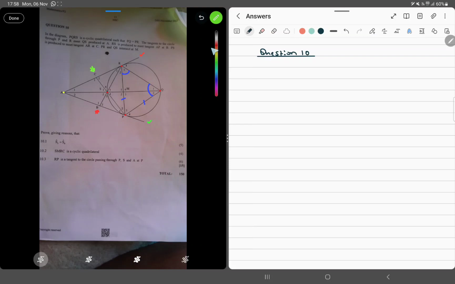We're told PR and QS intersect at M. So there we can see the point of intersection. Maybe let's make it more visible with the pink color.